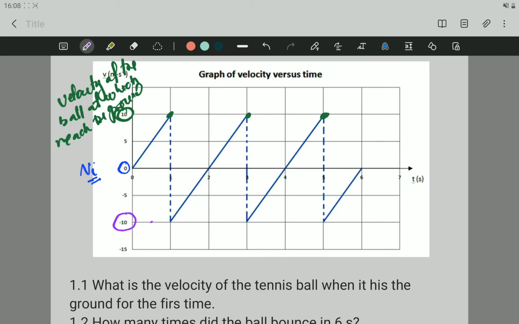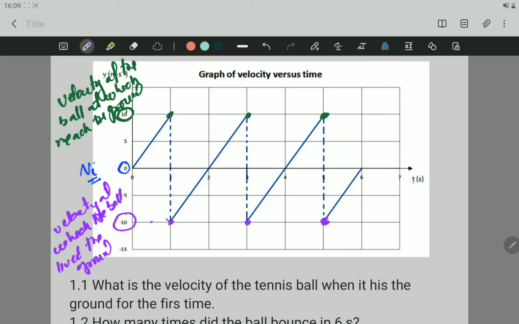All these points here represent the velocity at which the ball leaves the ground.